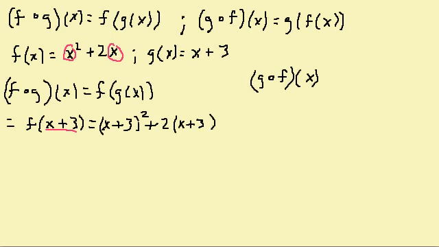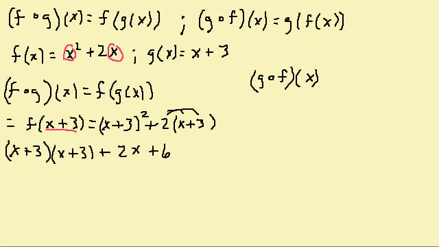Now remember, this x plus 3 squared is x plus 3 times x plus 3, plus, and then we're going to distribute the 2x plus 6, and then we're going to FOIL this out.